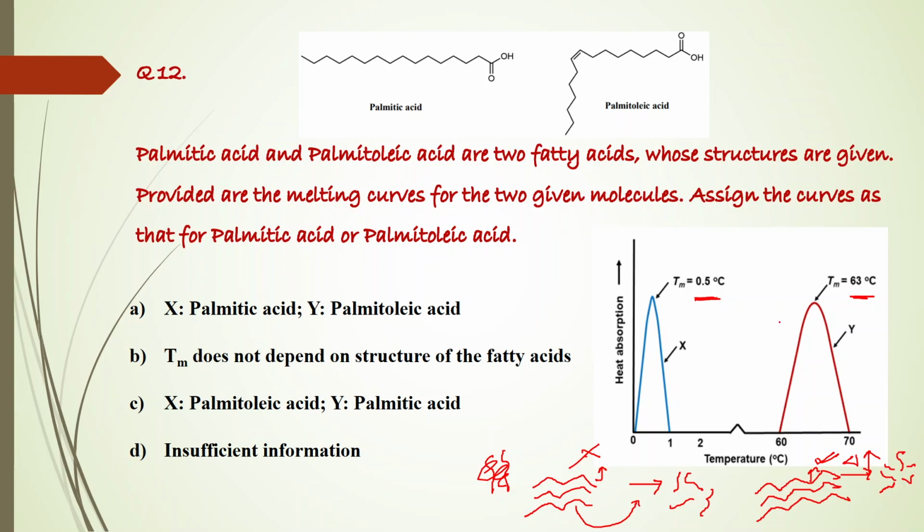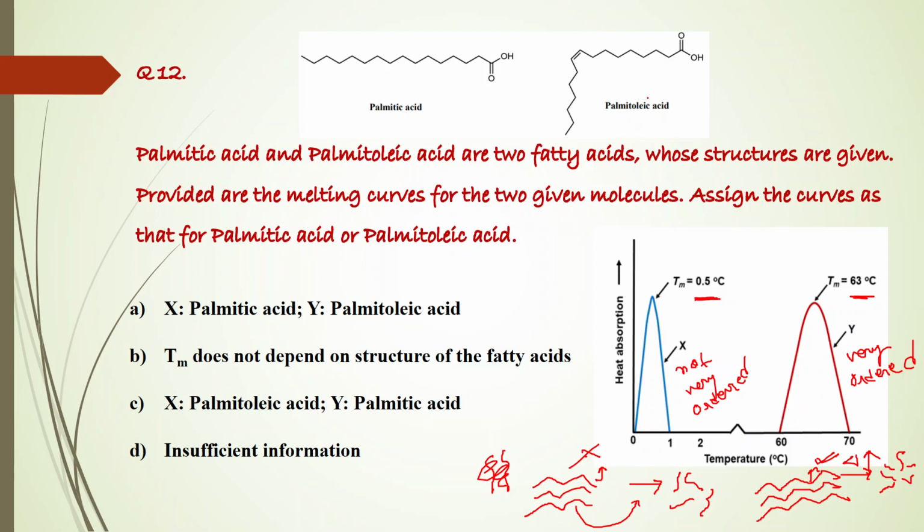Okay. So obviously this means our X was not very ordered initially. The crystallinity is less, whereas this Y, this was very ordered. That much we have already configured for X and Y.